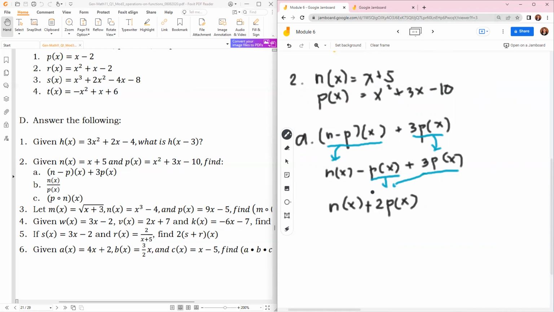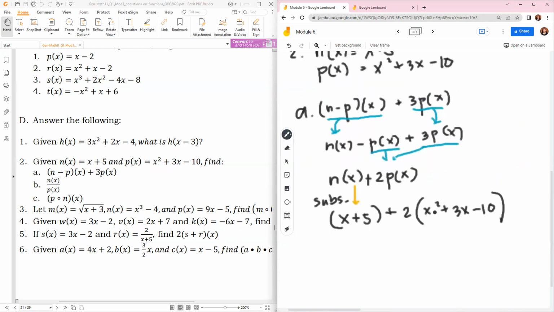So as for n of x, let's try to substitute what they mean. So this is x plus 5, plus 2p of x, so that would be equal to 2x plus 3x minus 10.